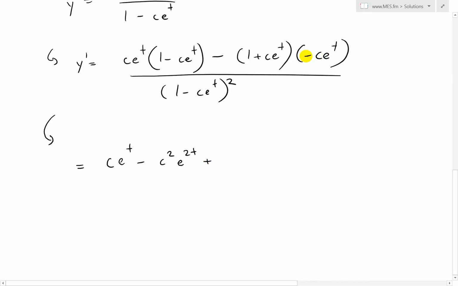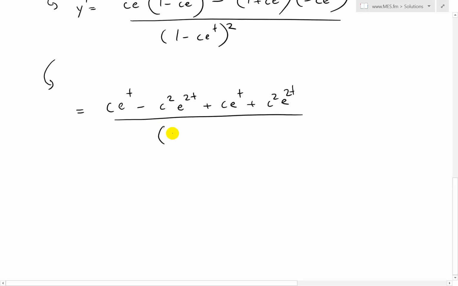So now we end up with a plus: c e to the t, and then c e to the t times c e to the t, again c squared e to the 2t. And then all divided by the denominator, 1 minus c e to the t, squared.